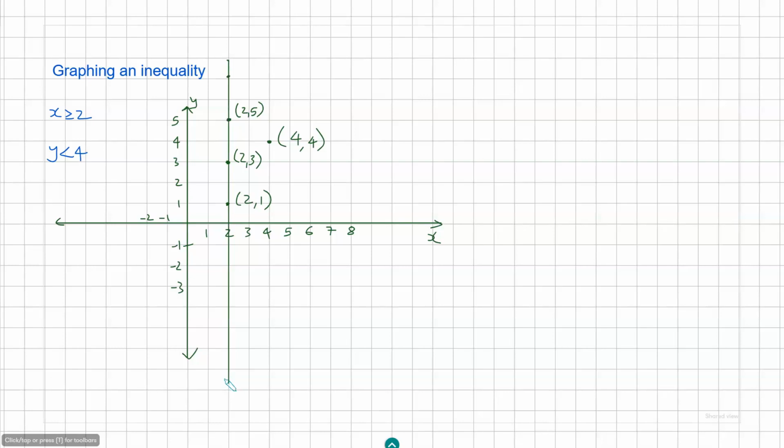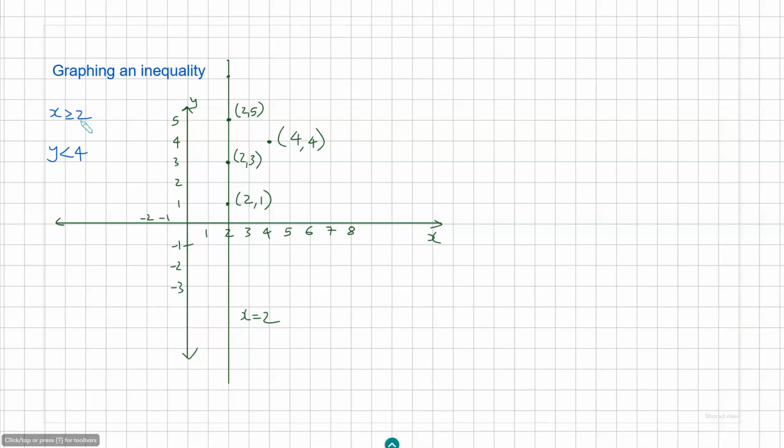Now if you take any point on this line, what will be the x coordinate of that point? 2 will be the x coordinate, right? So this line is actually x equal to 2. That is the equation of this line.